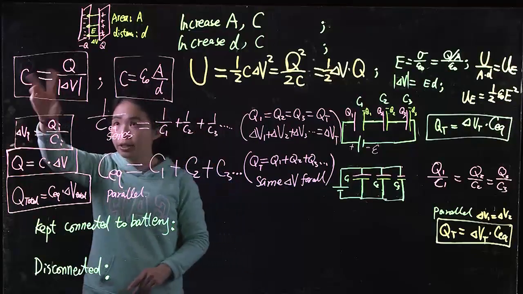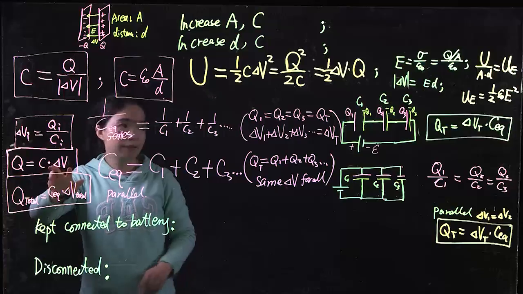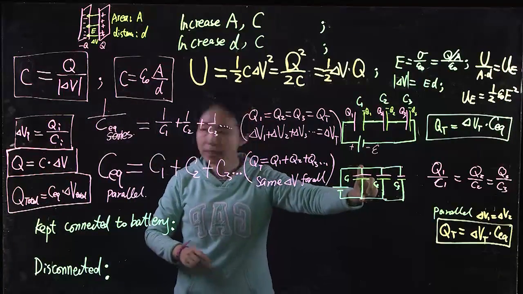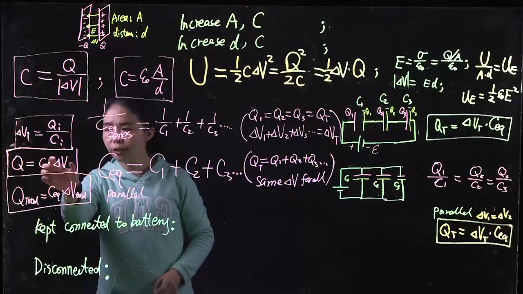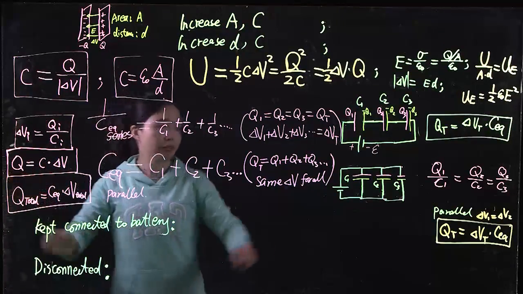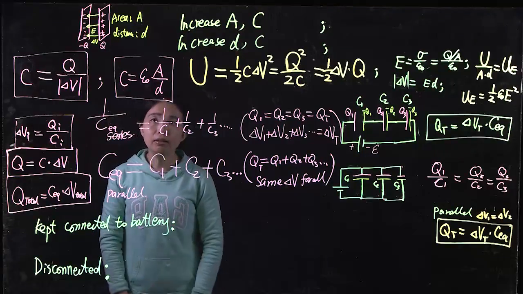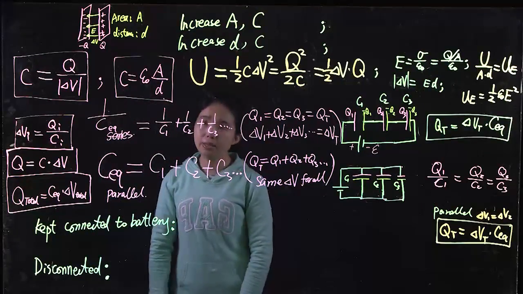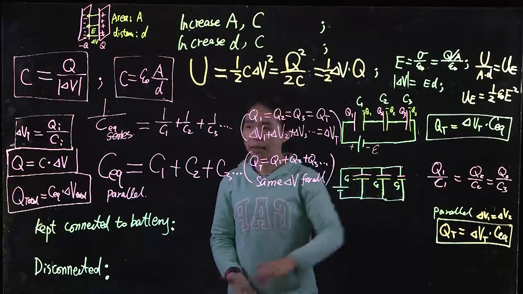Rearranging this equation, we can also see that if we know the voltage difference between these two points and we know C, we can multiply the voltage difference with C to figure out the amount of charge on that capacitor. Then, instead of one capacitor, we can have capacitors combined in series and in parallel.